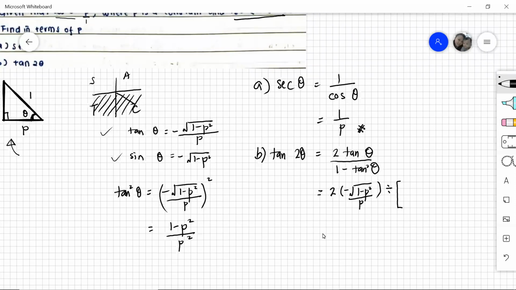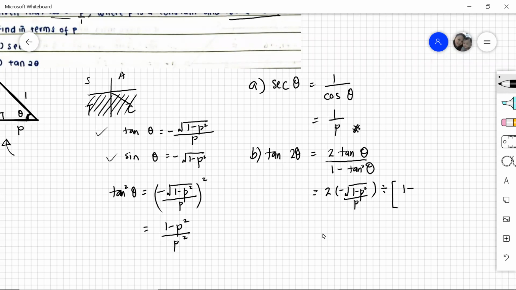So 1 minus tangent squared, already found, which is 1 minus p squared over p squared. So for this one, let's open up the bracket. Combine this side first. So we have negative 2 over p square root of 1 minus p squared, divided by p squared. Find the lowest common multiple, yeah?